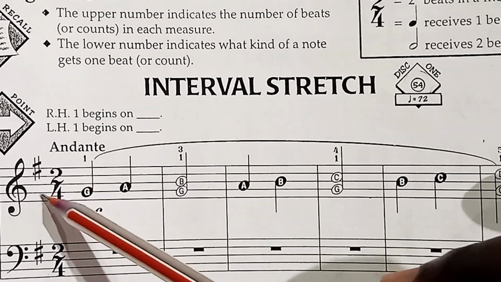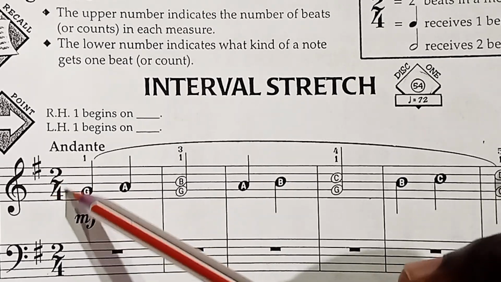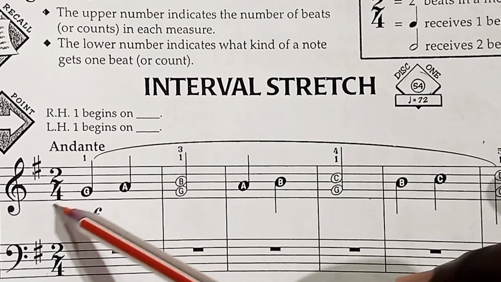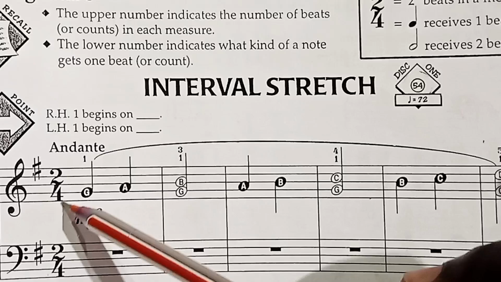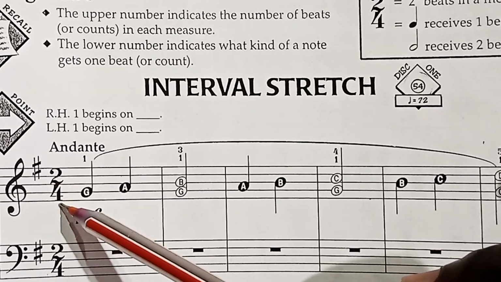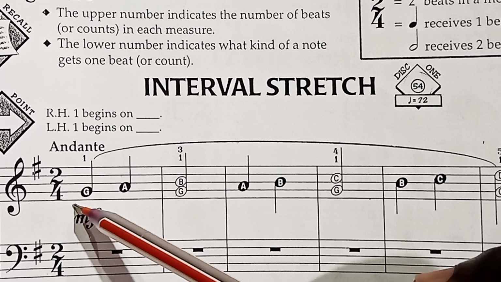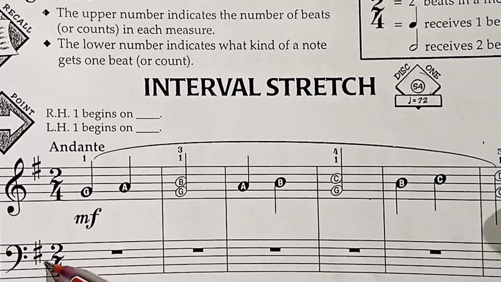Now let's talk about the number down below, the 4. The lower number, which is always down, is used to indicate what kind of note gets 1 beat or count.